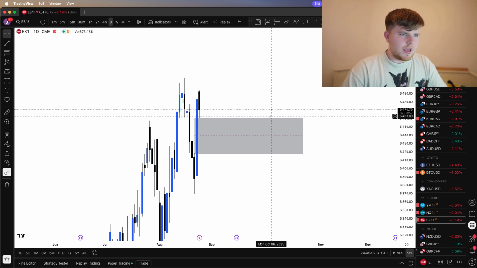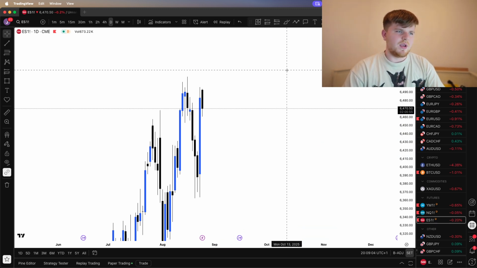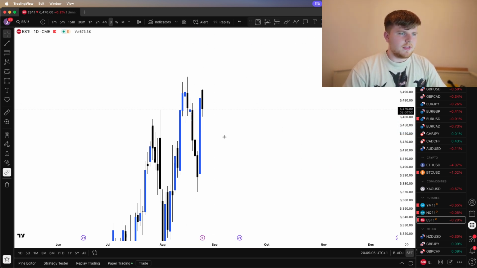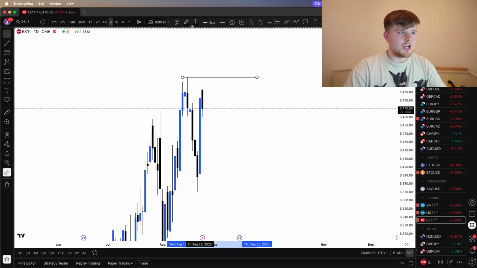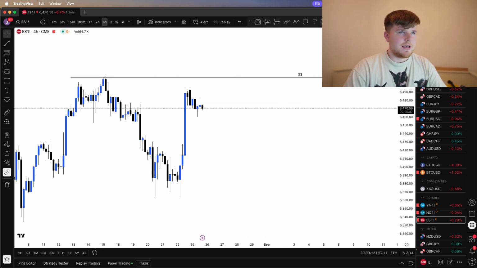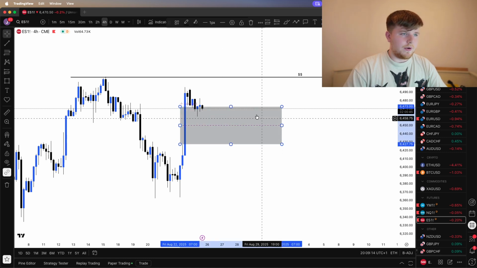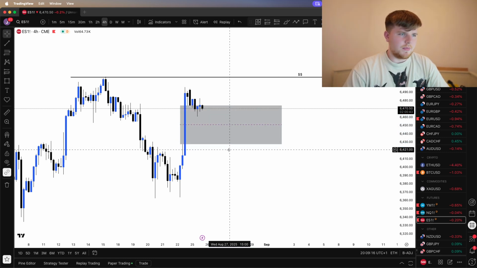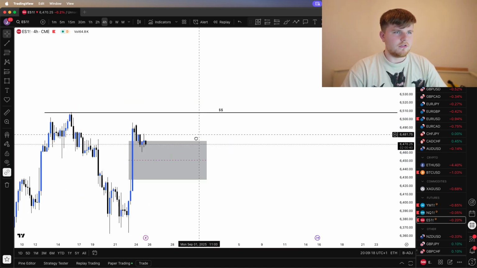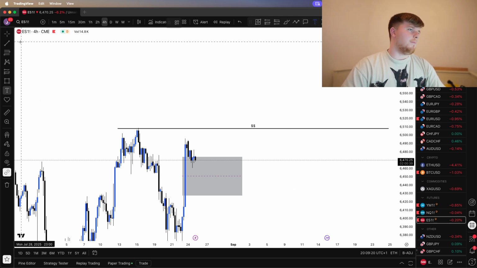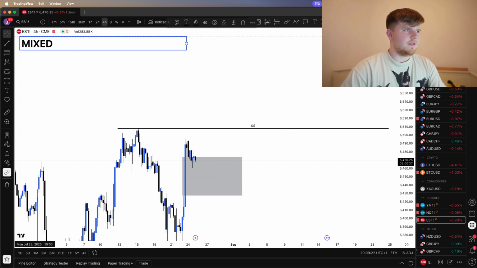So what's going on here? This fair value gap's pretty irrelevant because we haven't taken liquidity yet. We've inversed this, we need to take the highs. So bullish bias on the daily here on ES, and bearish on the 4 hour here as well, because we need to mitigate this fair value gap after taking out those highs. So simple, mixed here.